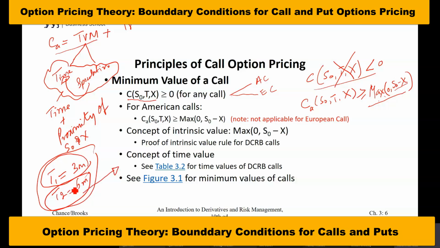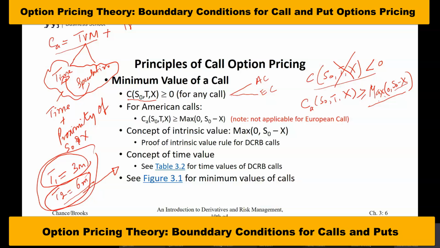Why? Because it has more time to expiration, and hence it allows you to speculate for a longer period or to hedge for a longer period. So in both cases, this option is covering a longer period of time, keeping other things constant. If the only difference is time, we will always see that the option with the longer maturity will have higher value. And we are going to make some exceptions later on.